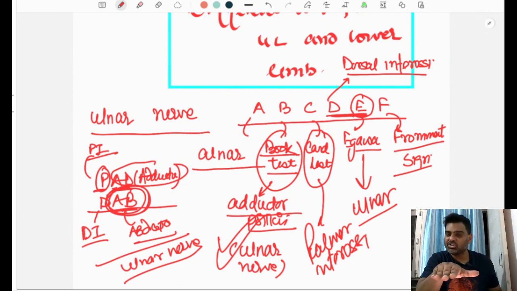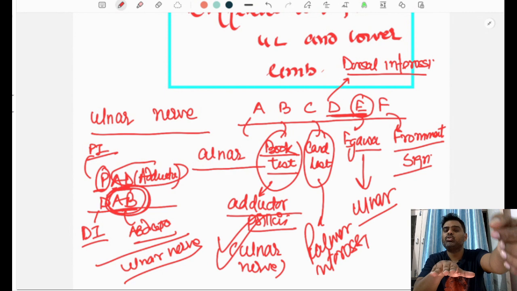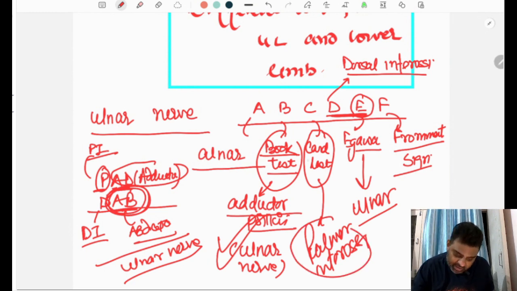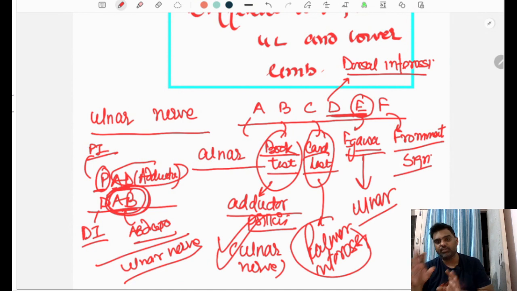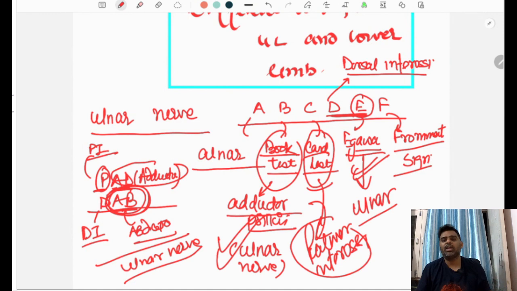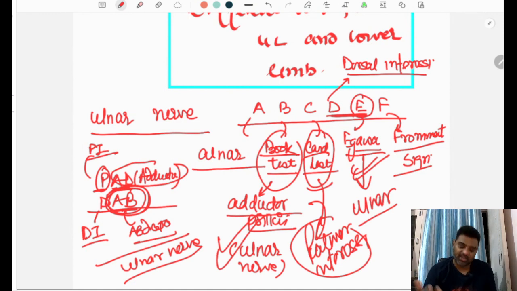If the palmar interossei muscle is normal, you will not be able to snatch the card. That means adduction will be normal. But if with a small force you can take the card away, that means card test is positive. There is defect in the palmar interossei. So card test and Igawa test can be asked in two ways. First, which muscle? Igawa test is for the dorsal interossei, card test is for the palmar interossei, or can be asked simply a superficial question for which nerve, that is ulnar nerve.